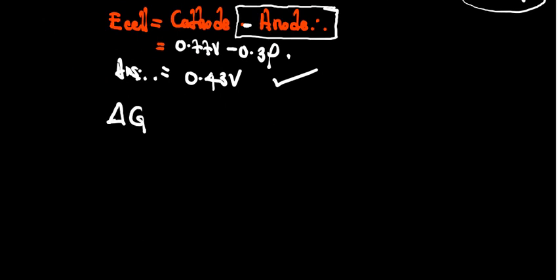Negative n F, then the E cell. And the bad part about this equation is that, let's say for instance you've been given this question and they're saying balance these half reactions, find the E cell, and then find the Gibbs-free energy. If you get the half reaction wrong, you're going to get the value of the E cell wrong.